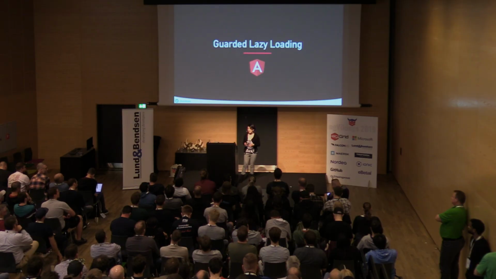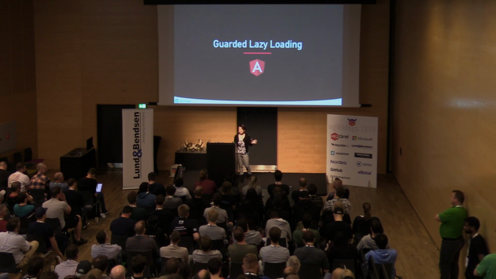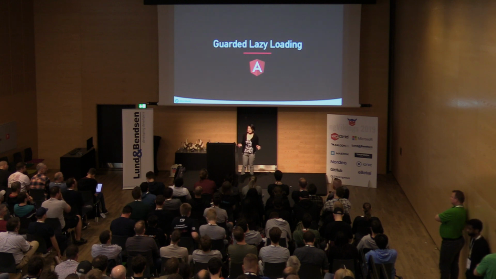So let's say that we have a whole section of our application that's lazy loaded for admins only. So normal users or editors would never need to download that whole section in the first place. So this is a really useful way to make sure that the code is only loaded for people who need it and have access to it.